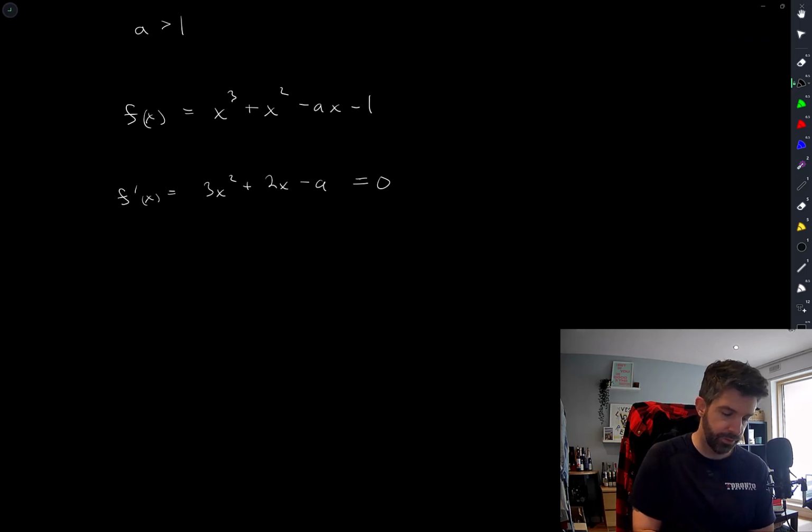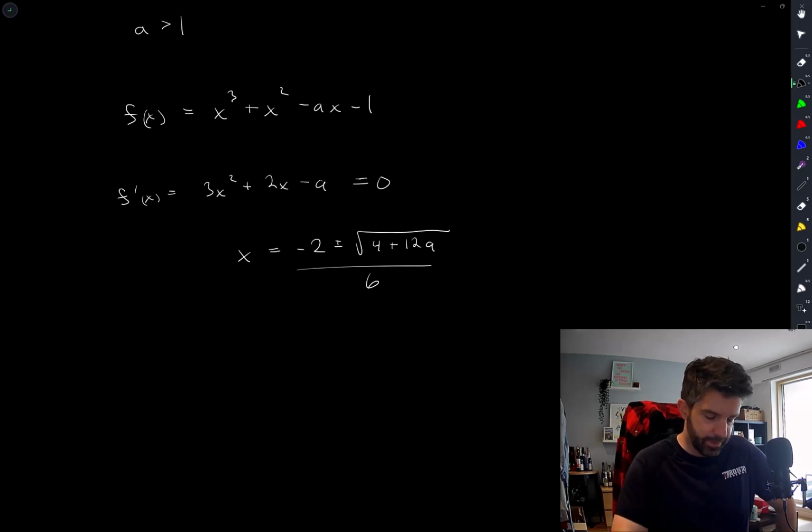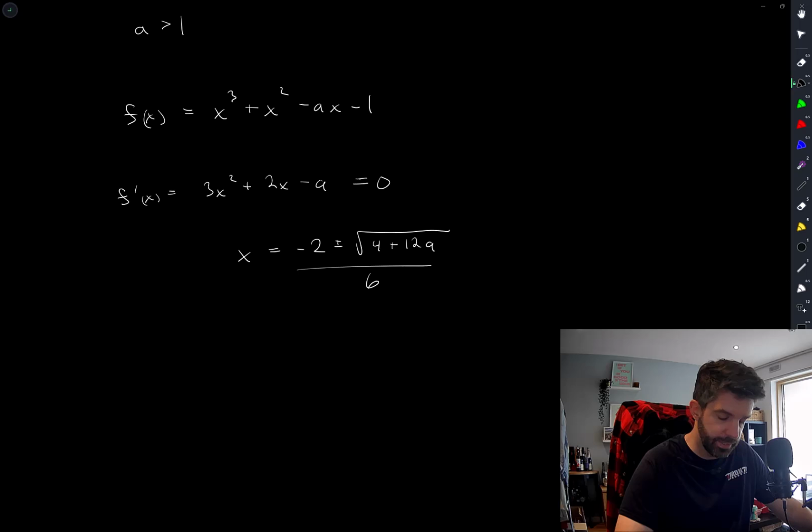So when this is equal to 0, x is equal to negative 2 plus or minus the square root of 4 plus 12a, divided by 6. The question is, do I really want to substitute this back into the cubic? That's pretty disgusting, isn't it?